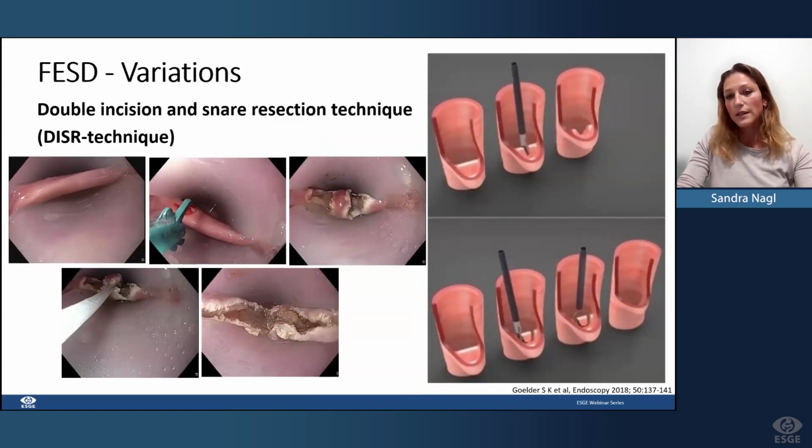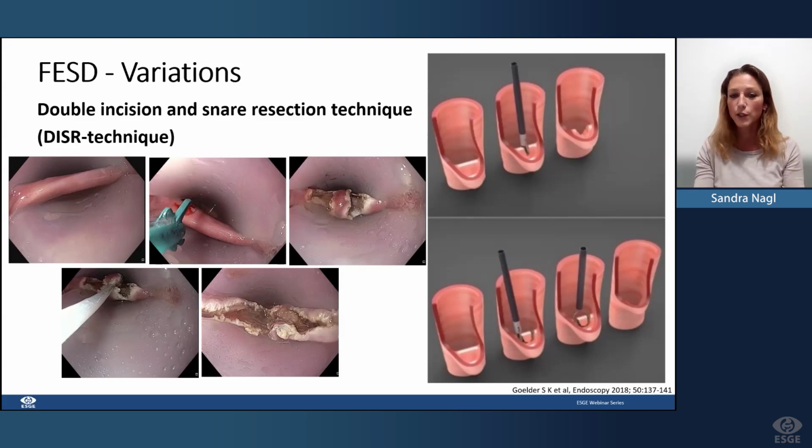So we learned about the traditional flexible endoscopic septum incision, meaning that we perform a single incision in the central part of the septum, which creates a kind of V-shaped cutting line. But there are also variations of this technique, for example, the double incision and snare resection technique, meaning that we perform two incisions, one about 1 centimeter apart from the other, and then the central part of the septum is resected by a snare.